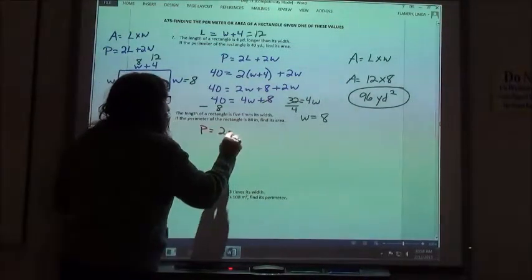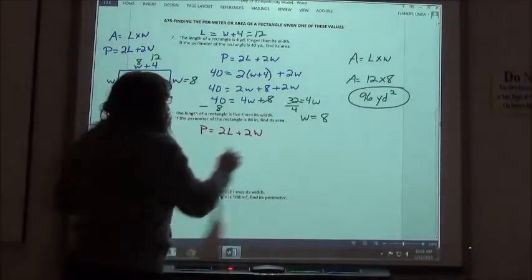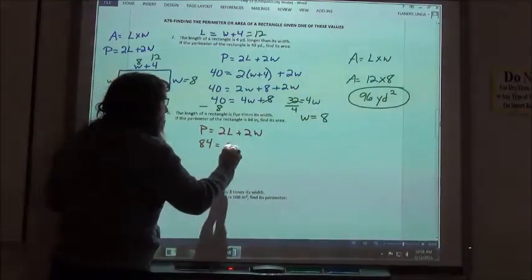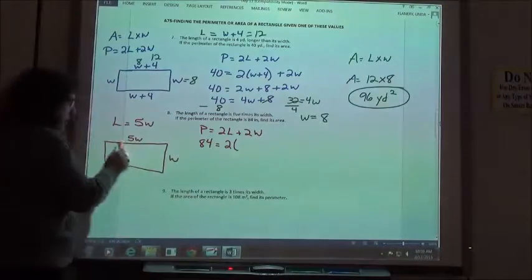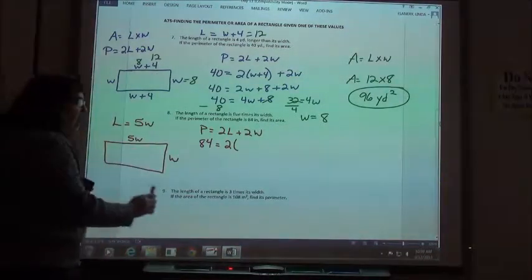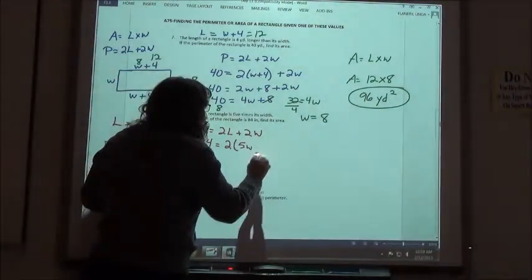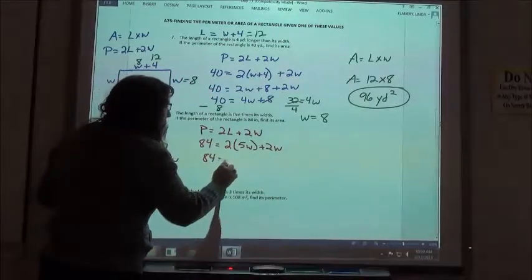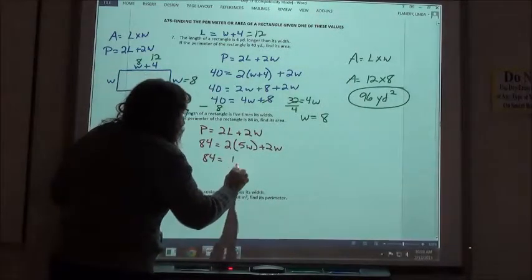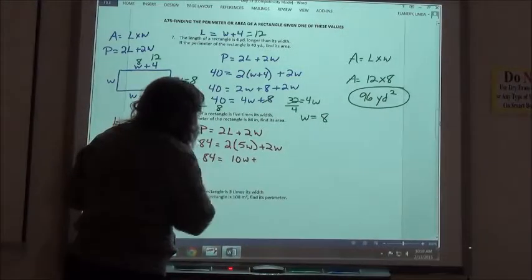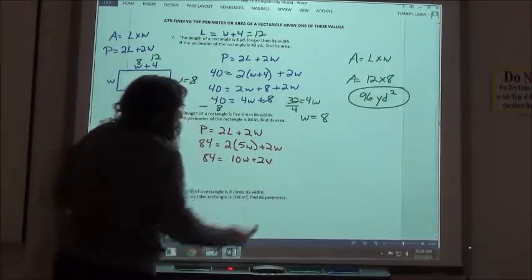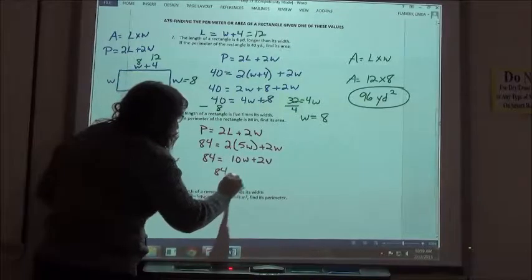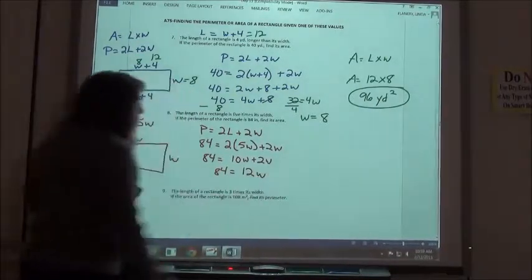Perimeter, 2 lengths plus 2 widths. So 84 is equal to 2 times the length, which we changed to 5W, plus 2W. So 84 is going to equal 2 times 5W, which is 10W. 10W plus 2W is 12W.